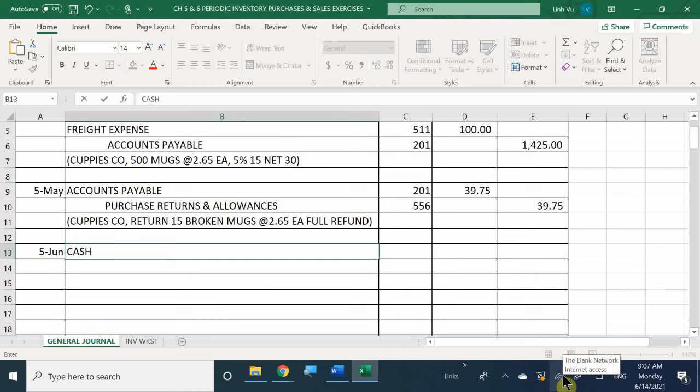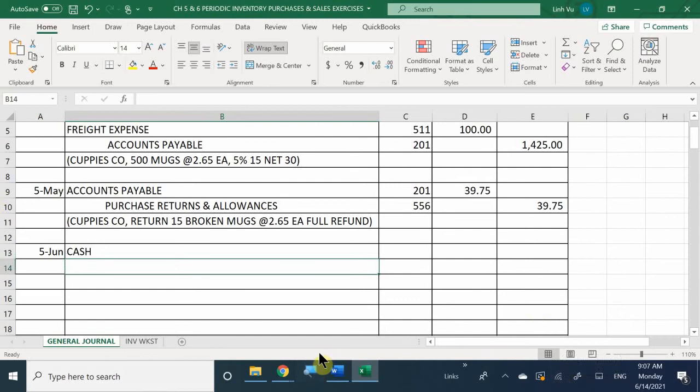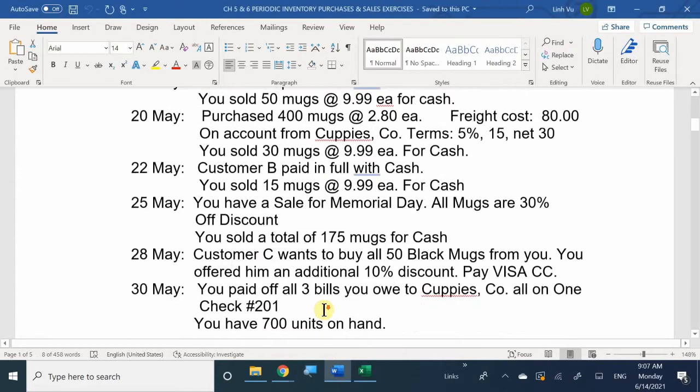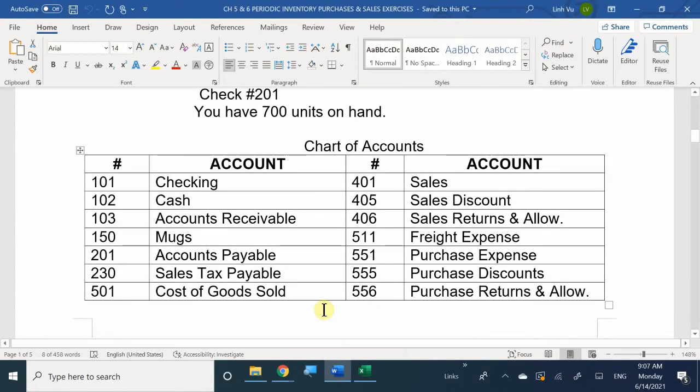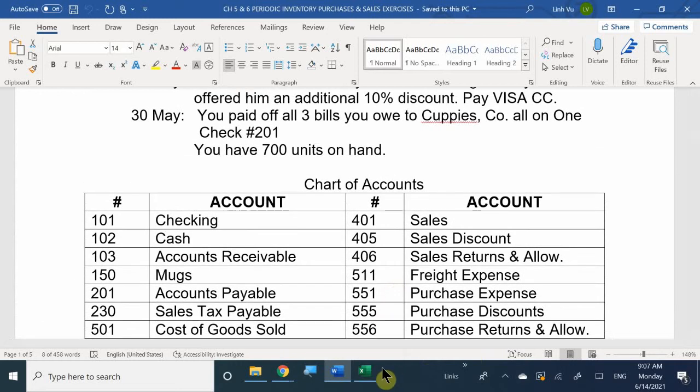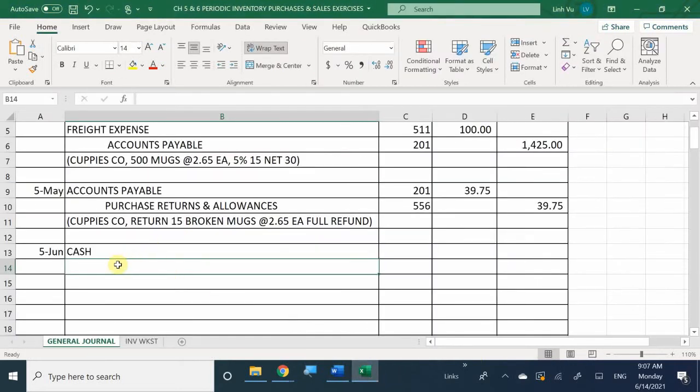Okay. What other accounts should be used? Inventory. Not inventory. Would be sales? Sales tax. Sales and sales tax. Good. So sales, because we sold a product.